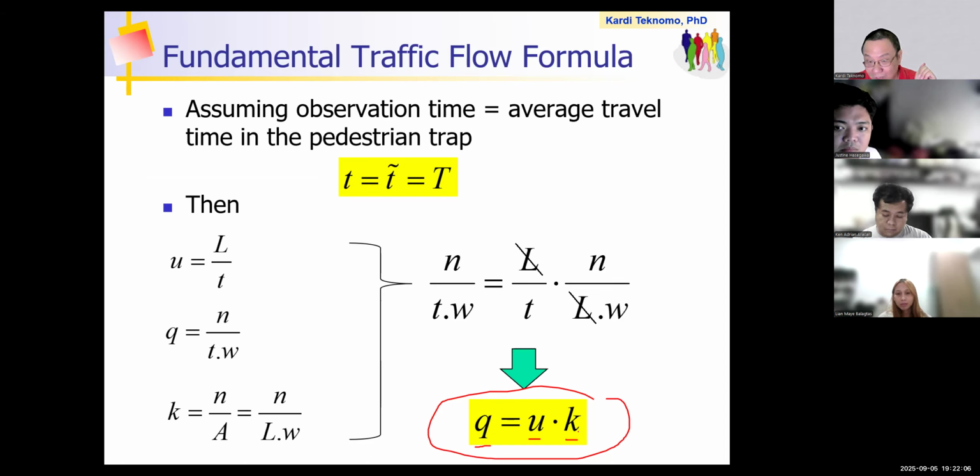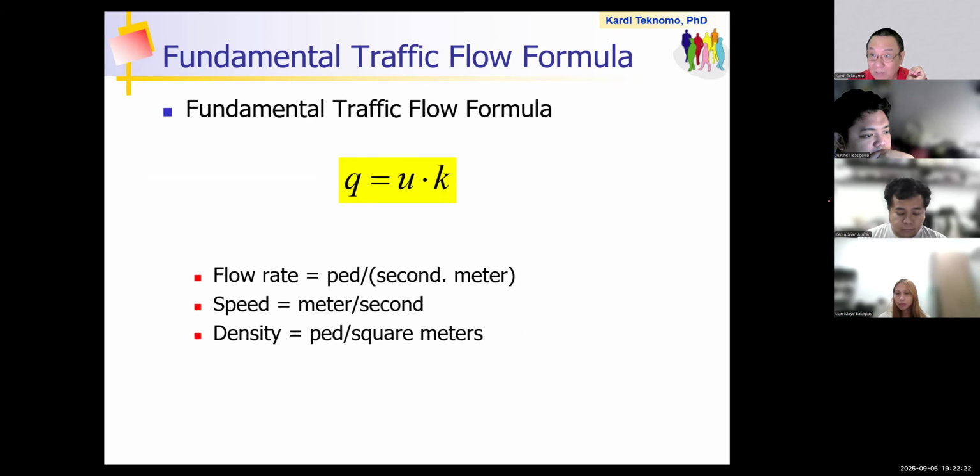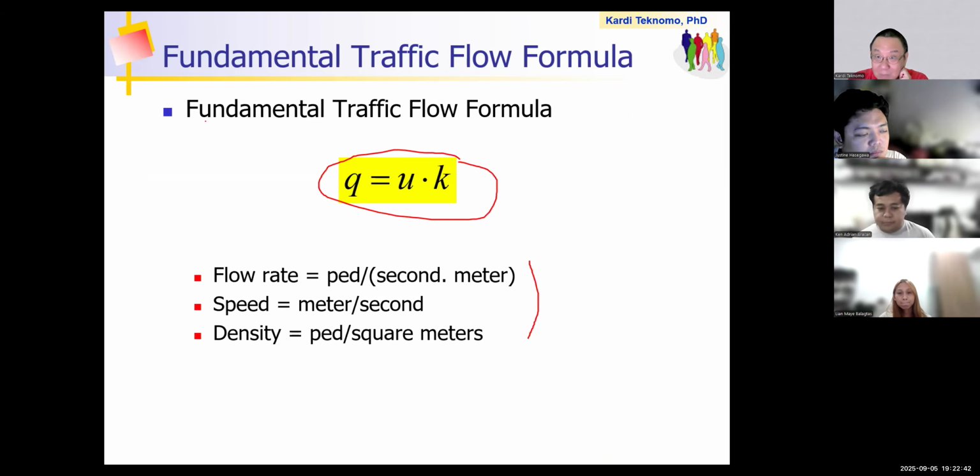K is PCU per kilometer per lane. This unit I put here is for pedestrian. Remember this formula. That's why we call it the fundamental traffic flow formula. This is a very important formula. Using this, you can connect flow, speed and density.